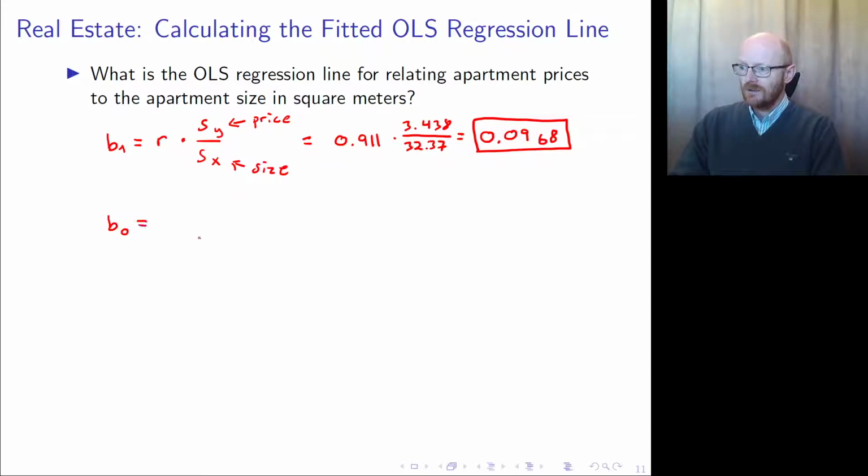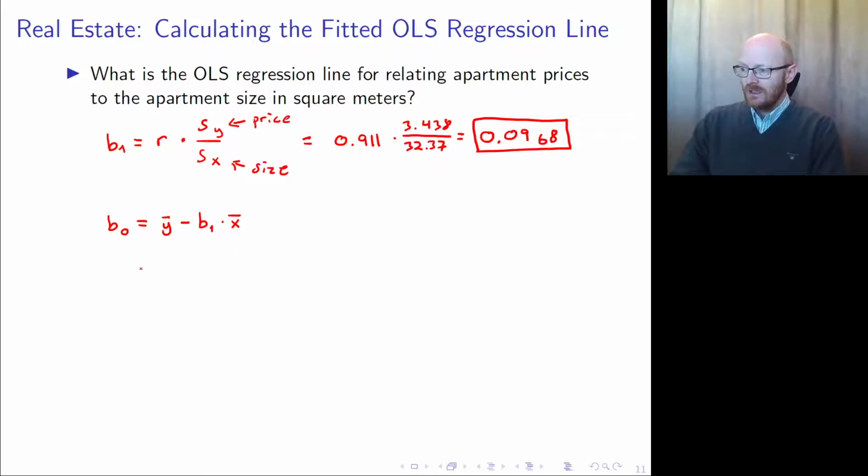We can now find the intercept. It's just y bar, the average price, minus the slope times the average size.